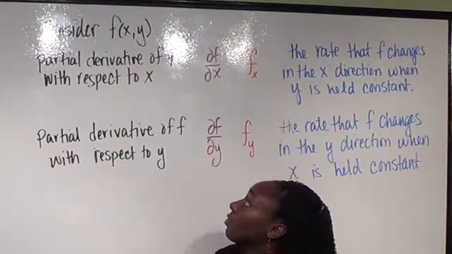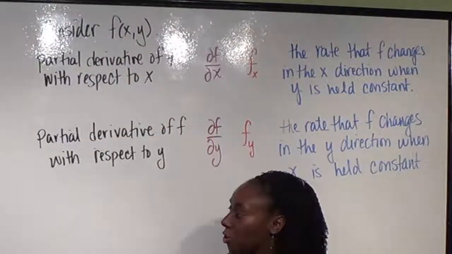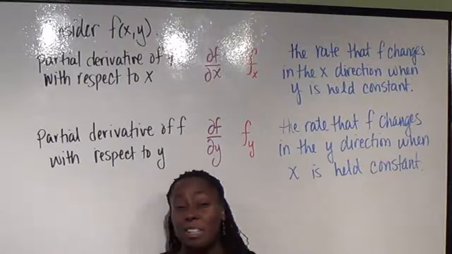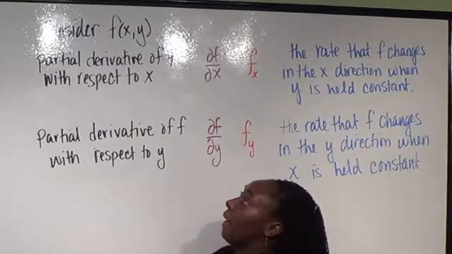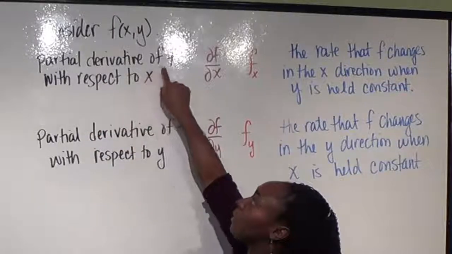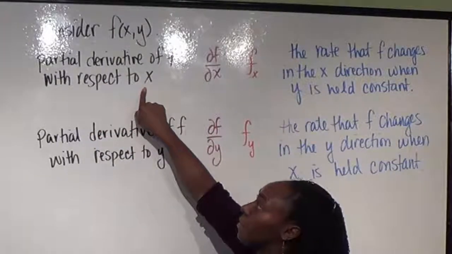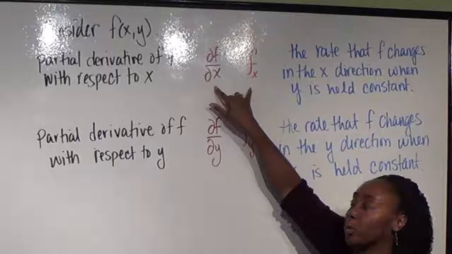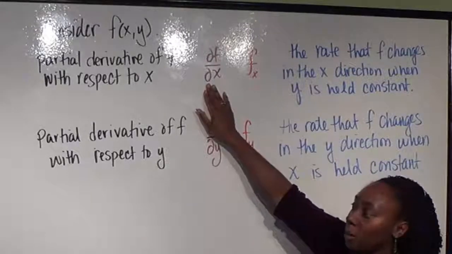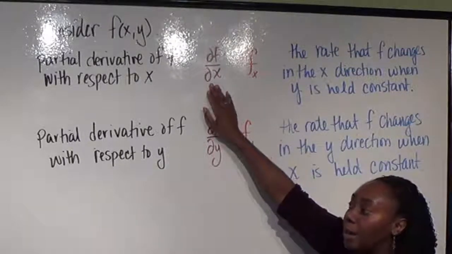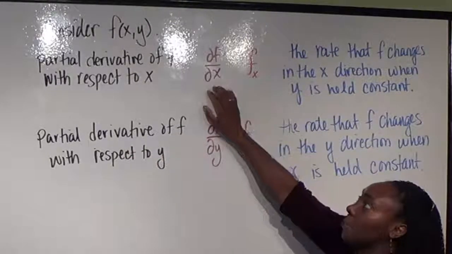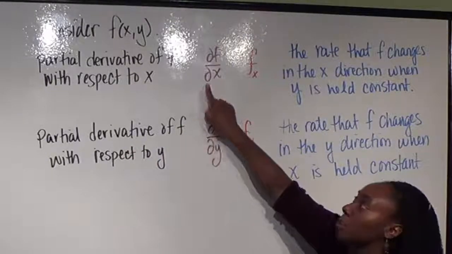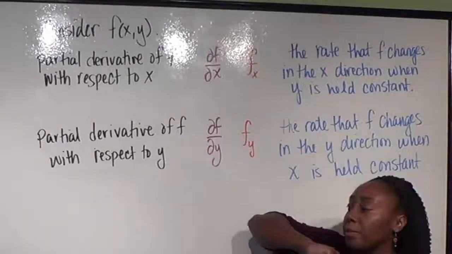So let's consider a two-variable function. You can think z equals f of xy, or just f of xy. Then the partial derivative of f with respect to x, we have two different notations for this. The first is our Leibniz notation, just like we had with the one-variable function. This curly d is our representation for partial derivative.